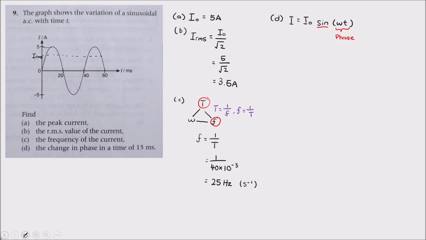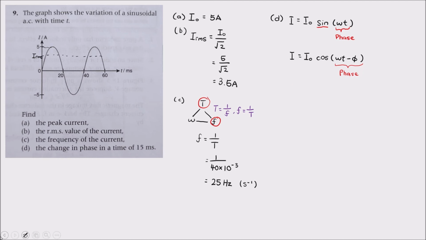If today you happen to have another equation, let's say your current is represented by cos, then you have omega t minus phi. Then again, your phase will just be everything within the trigonometric bracket. That's why omega t minus phi will be your phase.